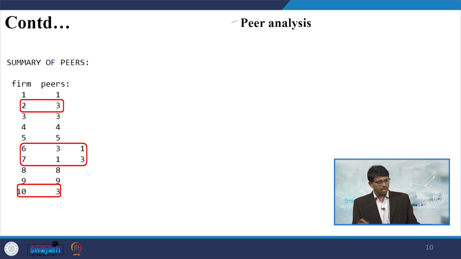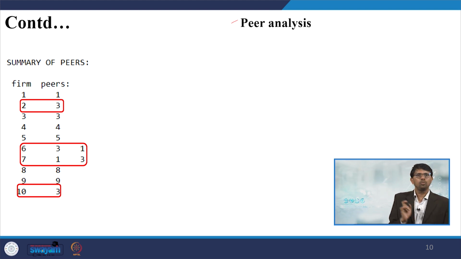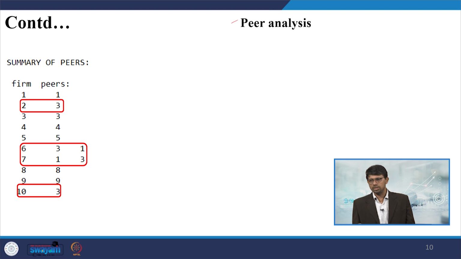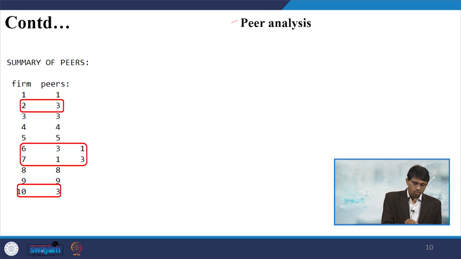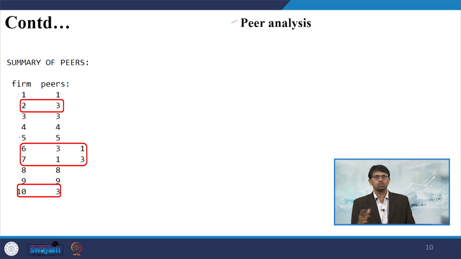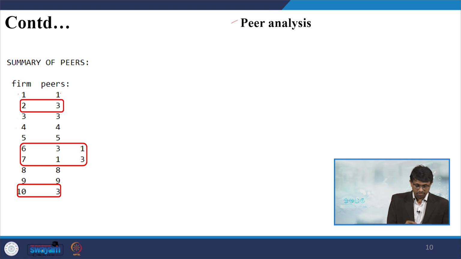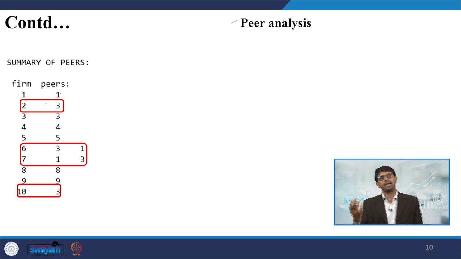If I am not efficient, we have already mentioned that firm 2, that is DMU 2, is not that efficient. Even 6, 7, and 10 are not efficient. But the others, if you remember, have an efficiency score of 1. So, 1's peer is 1, 2, 3's peer is 3, 4's peer is 4, 5's peer is 5, and so on. But the inefficient firms have different peers, trying to compete with the best competitors.